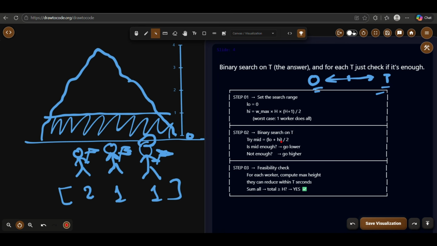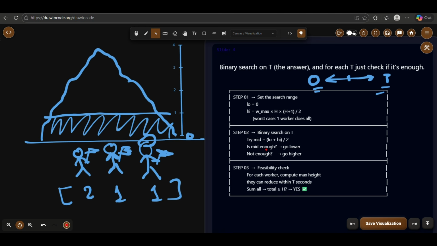We have to create another function to check whether the mid time, the time which we found between 0 and T, is enough to chop this mountain so that the mountain height becomes 0 or not.